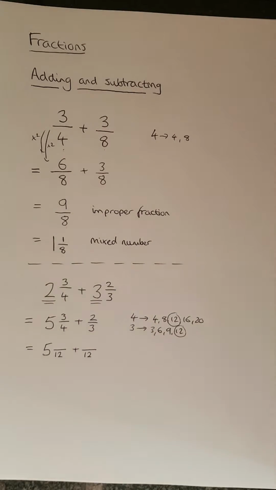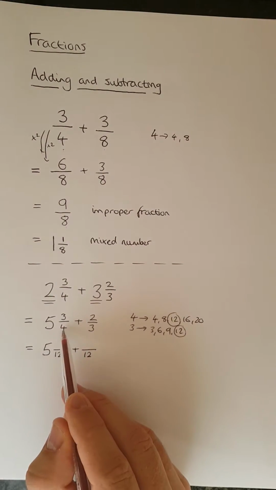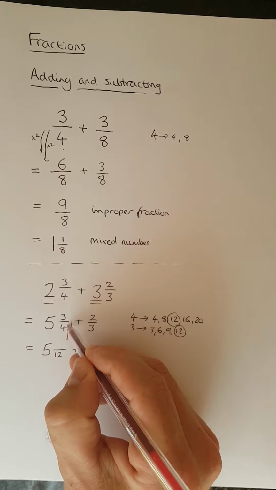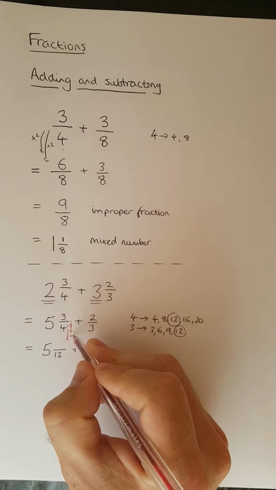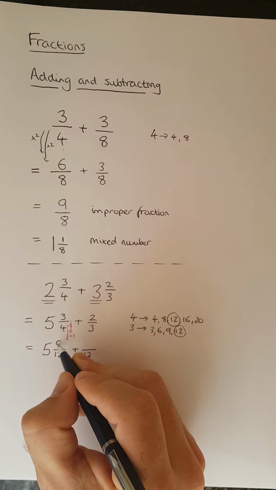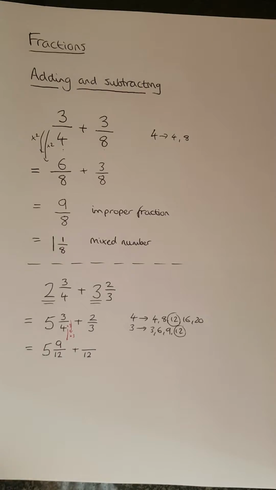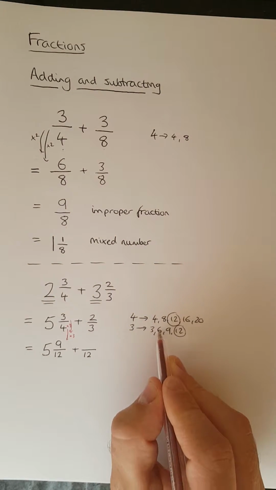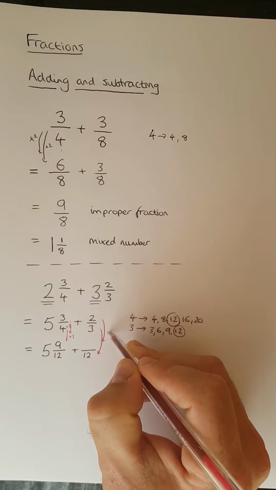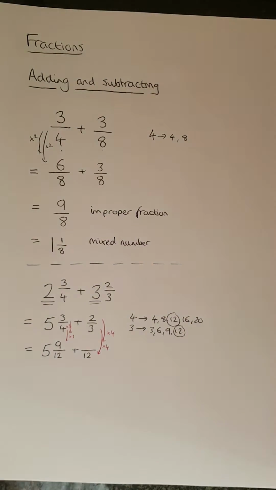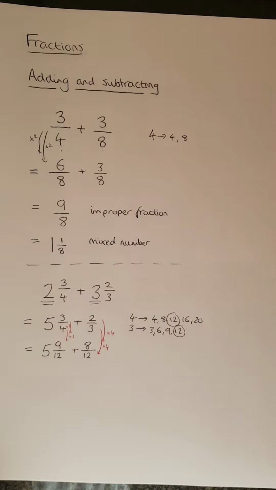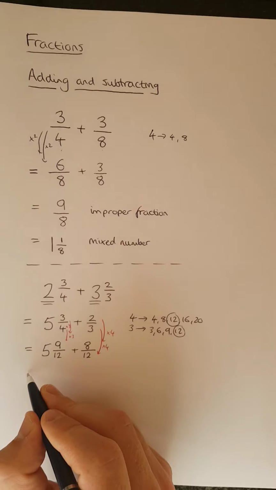Now, this 4 was 1, 2, 3. So I times both parts by 3. That gives me 9. Over here, it was 1, 2, 3, 4 I had to multiply by. So I times both parts by 4. Remember to multiply both parts. Okay.